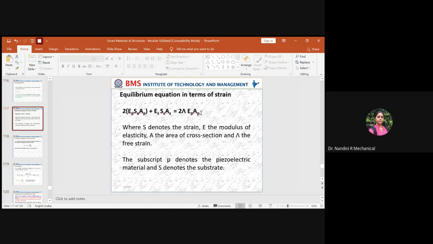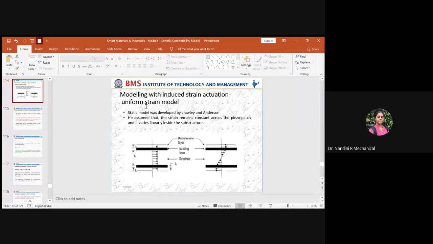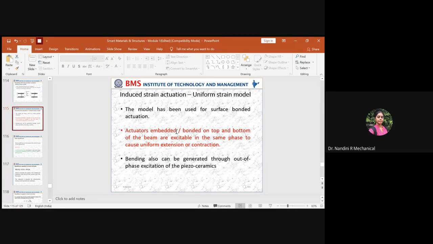So all these are related to the mathematical modeling for uniform strain, which was developed by Crawley and Anderson. If they ask you to explain the modeling done for uniform strain across the actuator and a substrate with the bonding layer, then you should start with who invented this model, what basic concept they assumed, and then how the structure was developed with respect to the actuator and the substrate.